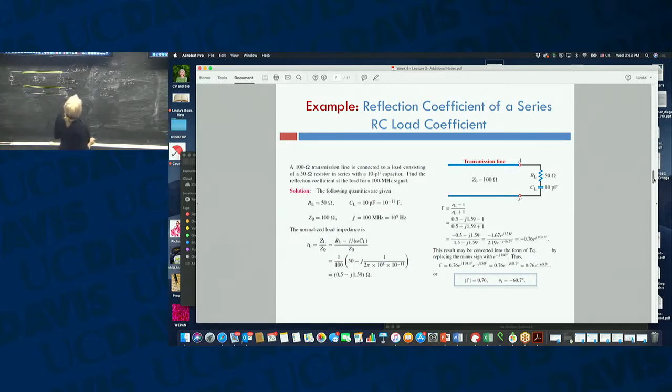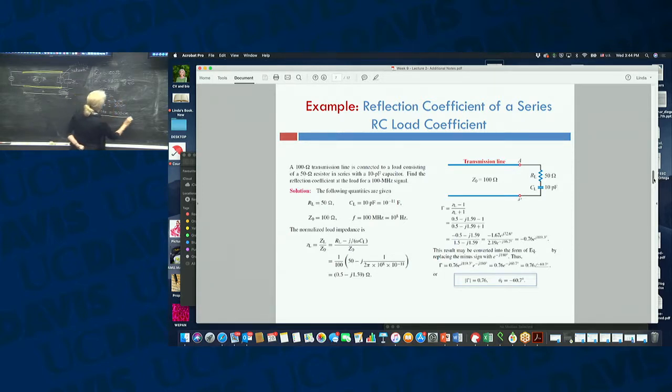So what frequency is 100 megahertz? Do you remember what I told you, that 1 gigahertz, I always remember that as my point, is 30 centimeters in free space. 100 megahertz is going to be what? 300 centimeters. 10 gigahertz, 3.